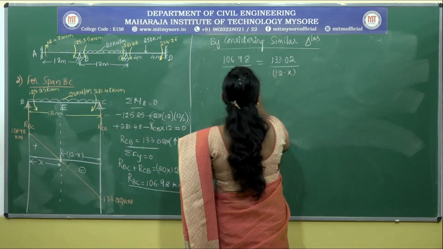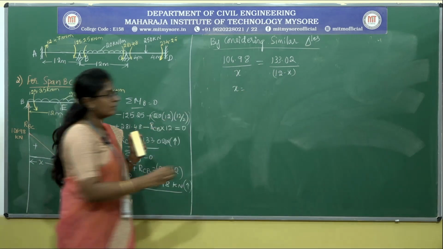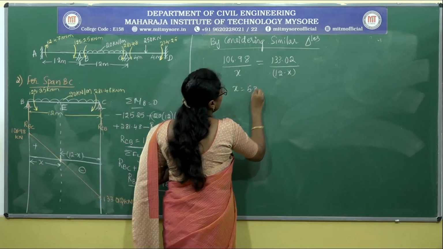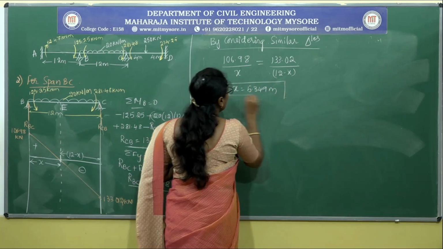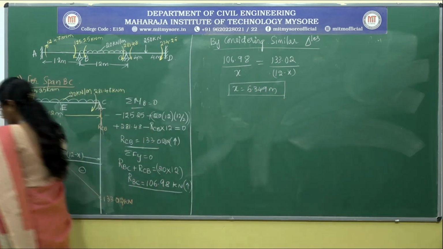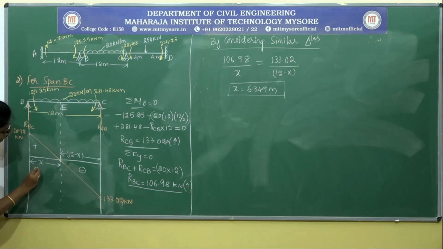On simplification, we get 5.349 meters. At this point of 5.349 meters, the bending moment is maximum.